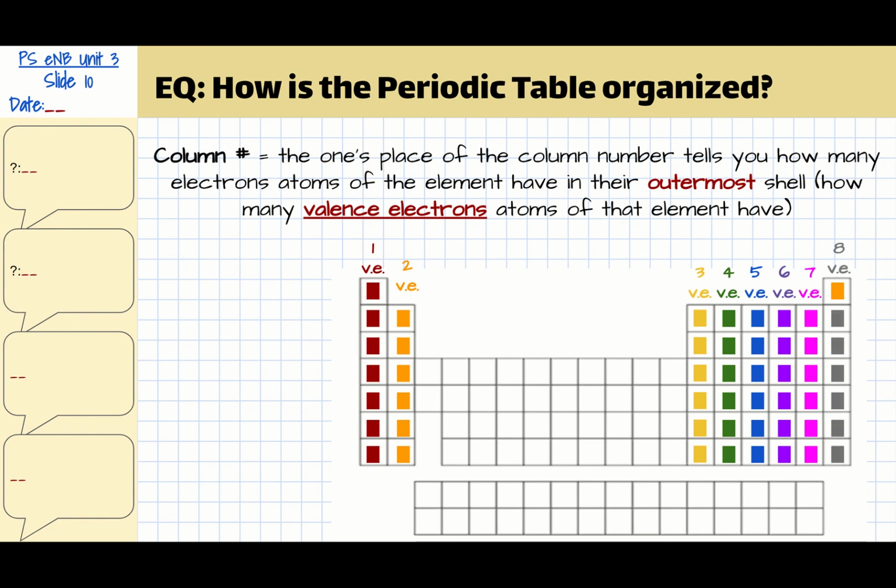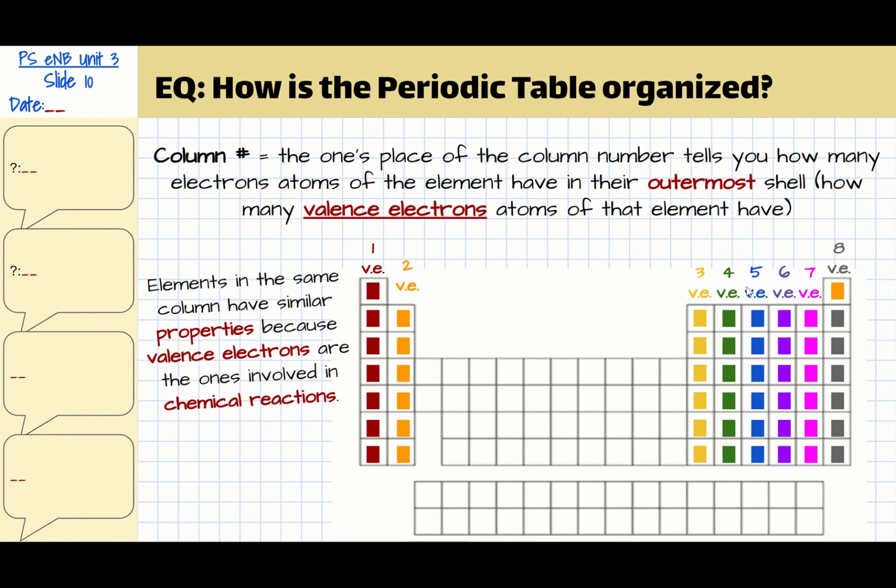And everything except helium in that 18th column will have 8 valence electrons in its outermost shell. So hopefully you're understanding the trend here. Looking at the ones place of the column number tells you how many valence electrons are in the outermost shell of an element in that column.